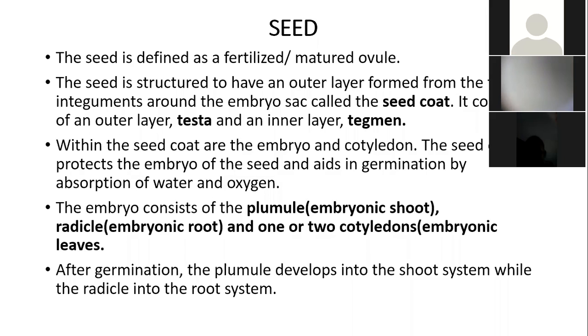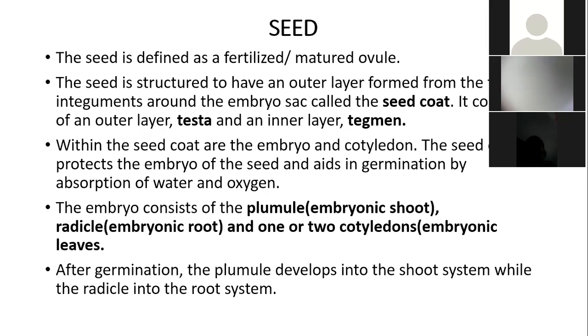Now, the embryo of a seed consists of 3 structures. One, it consists of the plumule, also called the embryonic shoot, the radicle, also called the embryonic root.